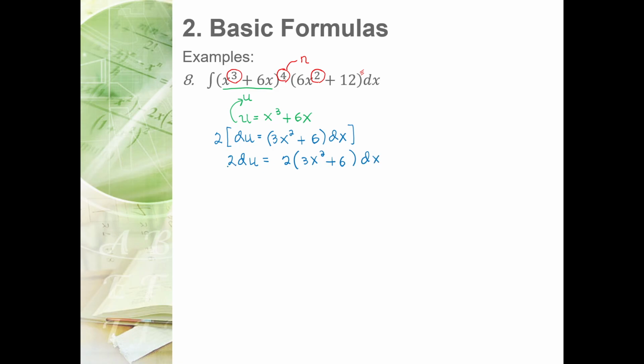The 2 is on the other side too, so the equation stays balanced and does not create an inequality. Distribute the 2 inside the parenthesis. So that's 2 du, then we have 6x squared plus 12 dx.